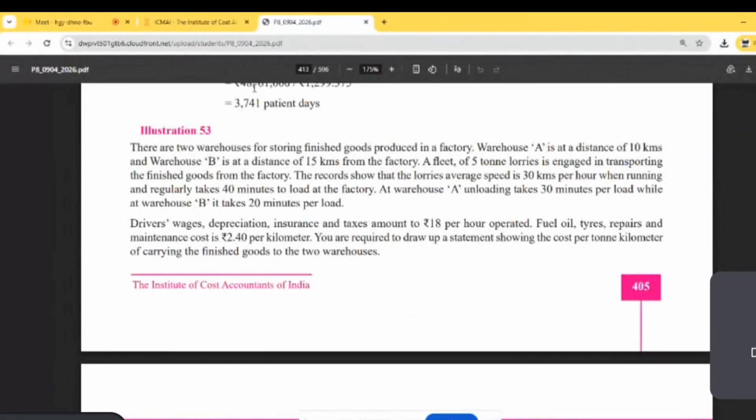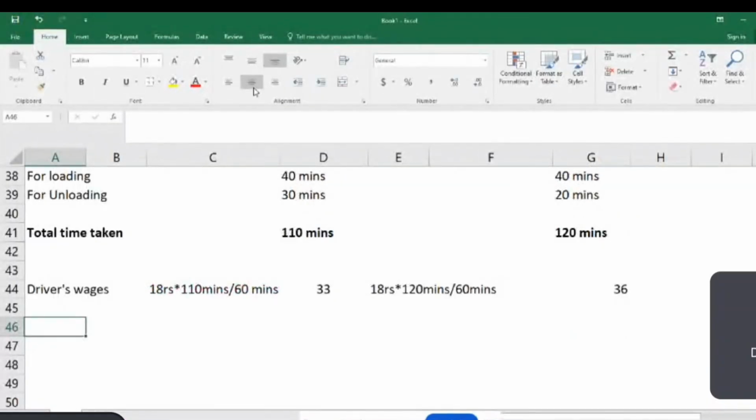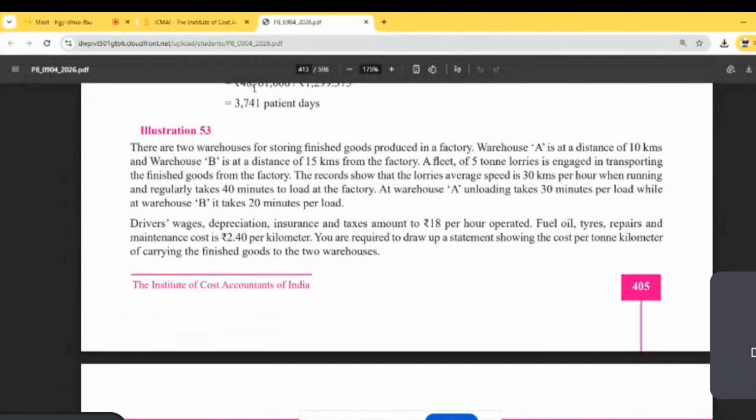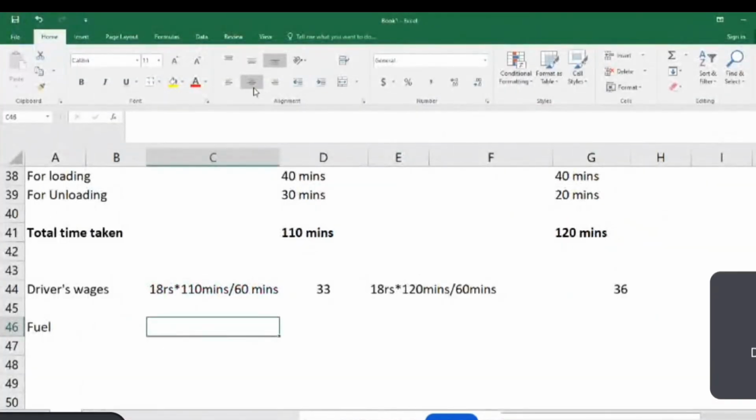And what other cost has been given? Fuel, oil, tires, repairs. Okay, I will put fuel only. You can write fully. This is rupees 2.40 per kilometer. So how many kilometers has it traveled?